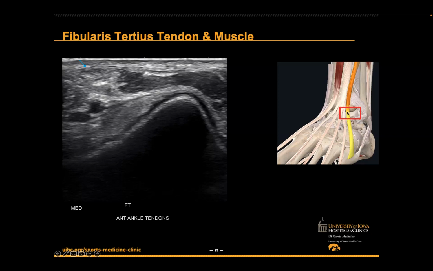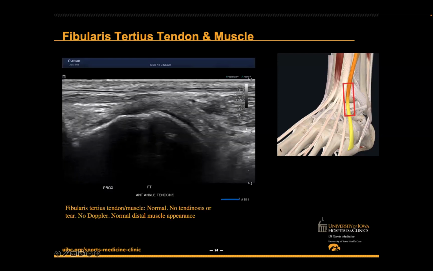EDL. The attachment here is down to the dorsal base of the fifth metatarsal, and then scanning more proximally, you can follow a separate muscle belly up into the leg. And then we rotate onto that in long axis, which is seen here.